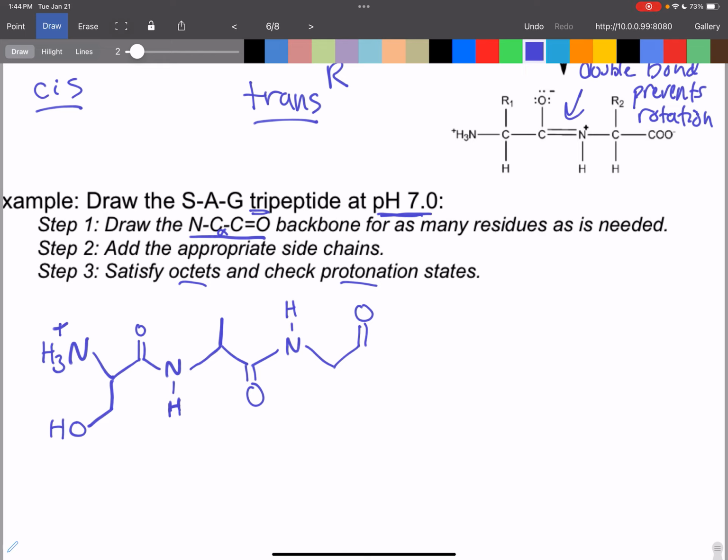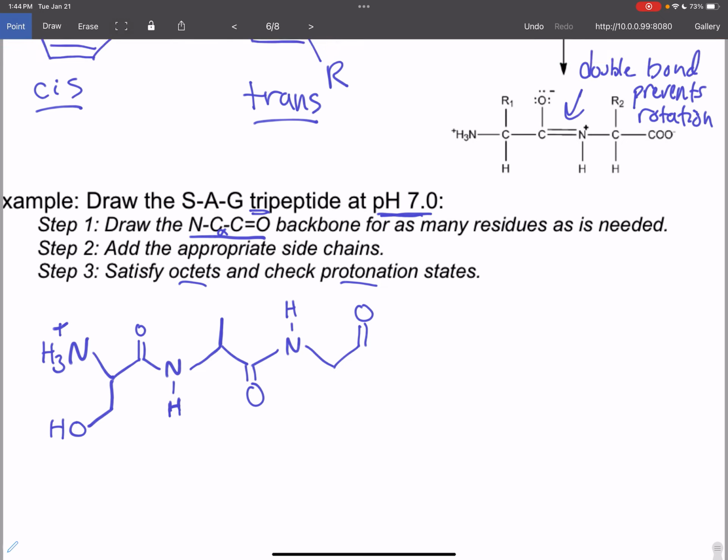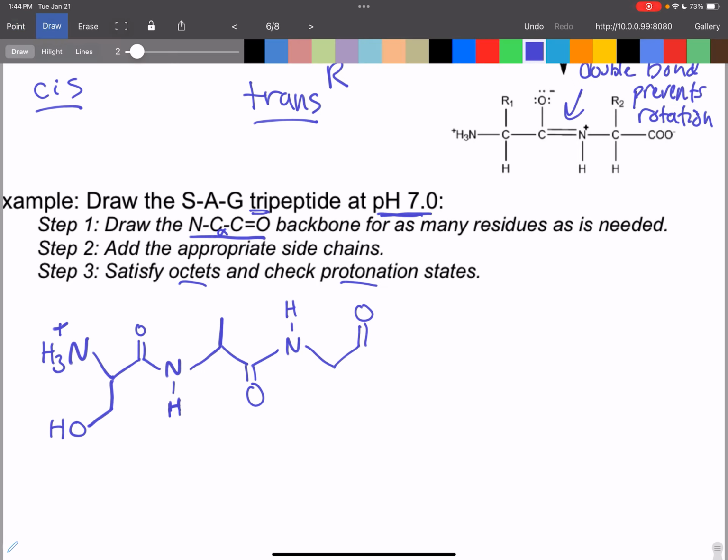So now both nitrogens of the peptide bonds have full and satisfied octets. One thing I'll point out is that amides are always neutral. So never remove or add protons to them beyond that. So don't add or remove protons beyond what we've just done there. That has to be just neutral.